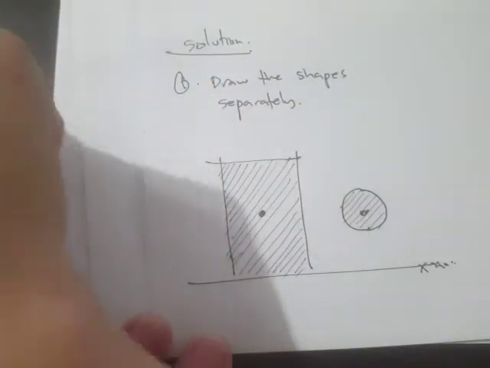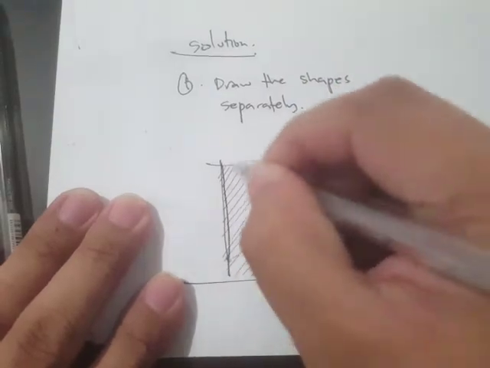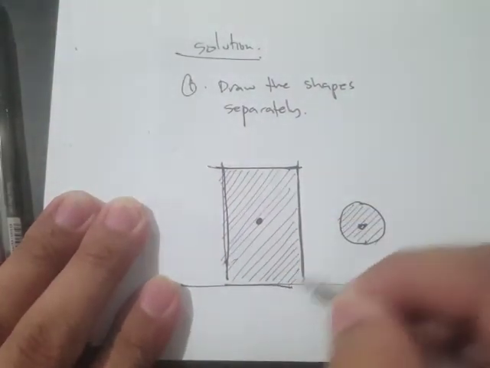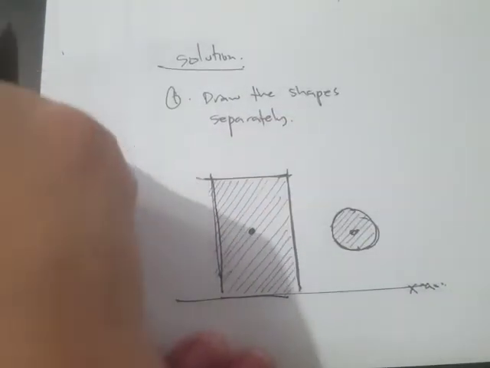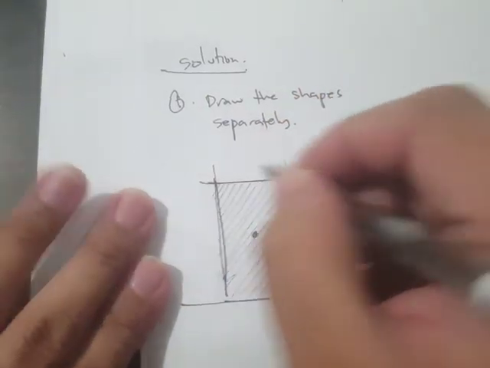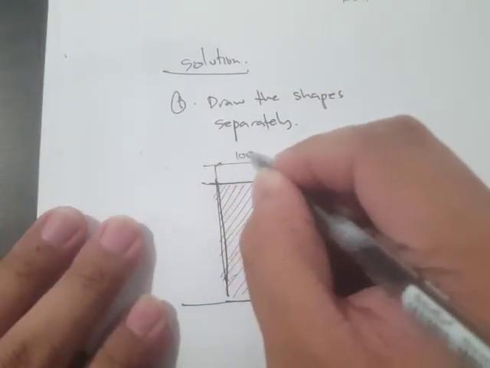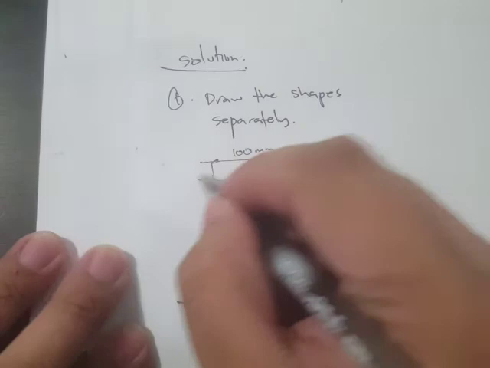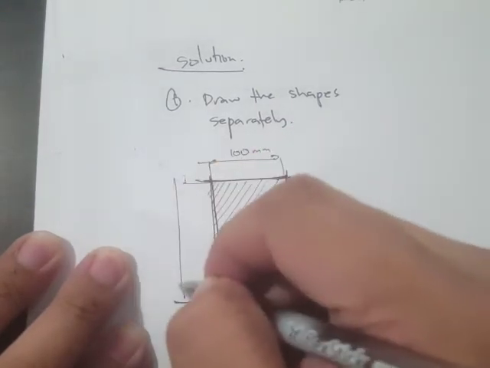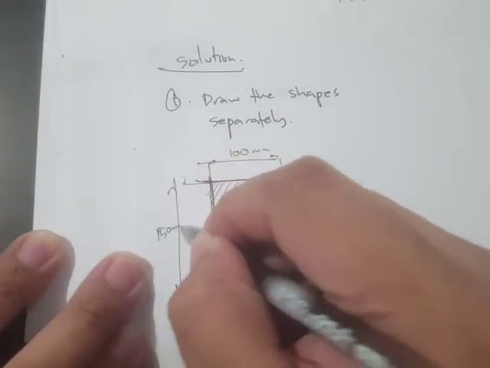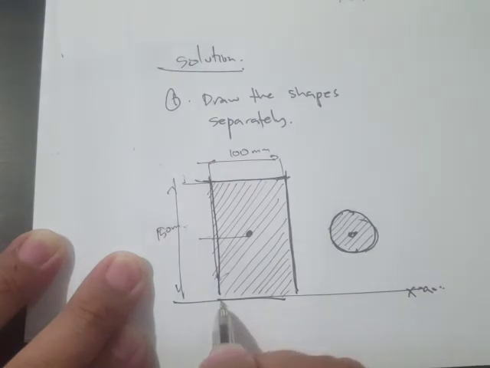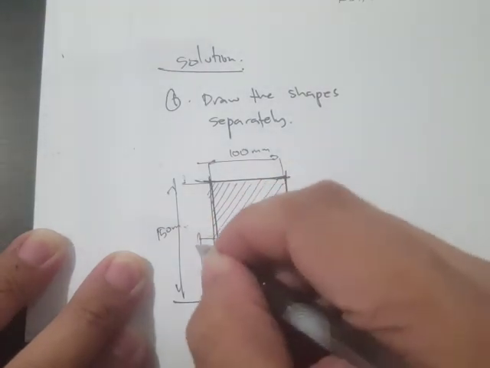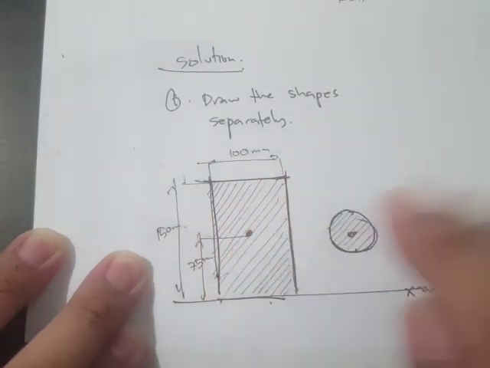Now for the dimensions, this is 100 mm, and this one is 150 mm, and the distance from the axis to the centroid is 75 mm.